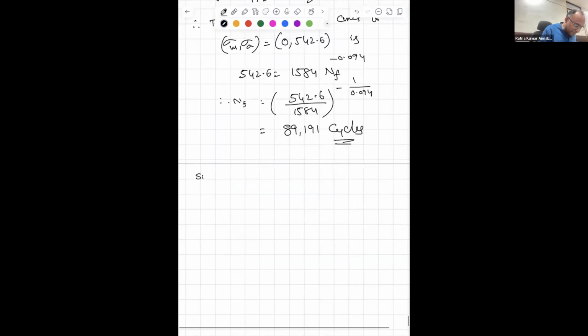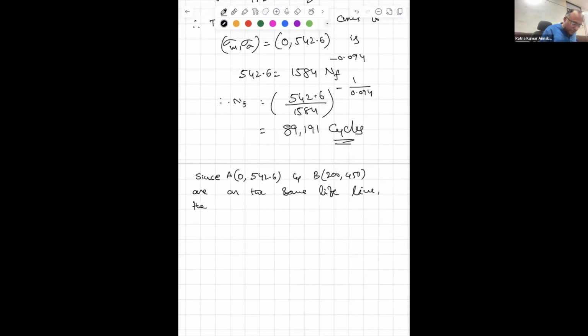Now you will say that since 0 comma 542.6, that is point A, and point B, that is 200 comma 450, are on the same lifeline, the number of cycles for the state sigma m comma sigma a equal to 200 comma 450 will also be 89,191 cycles.